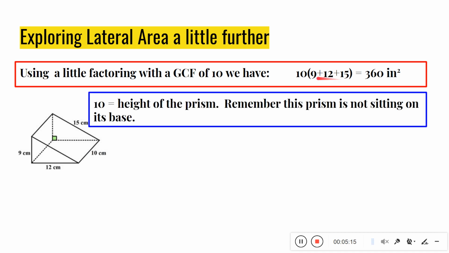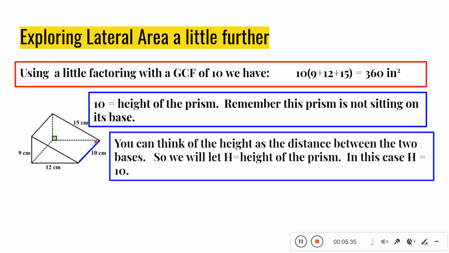Now, 10 is the height of the prism. Remember, this prism is not sitting on its base. If you turned the prism and sat it on this right triangle, this would be the height. Another way you can think about the height is the distance between the two bases.